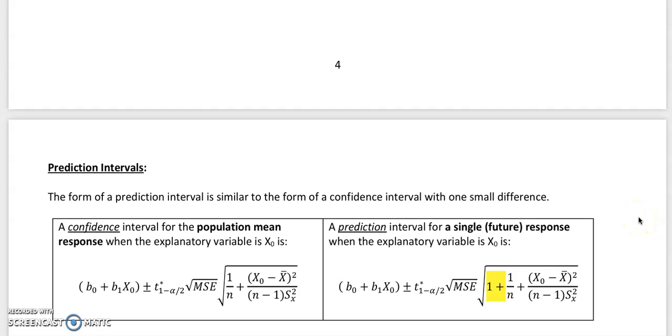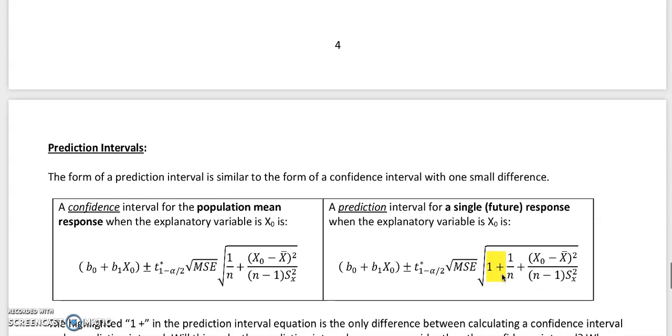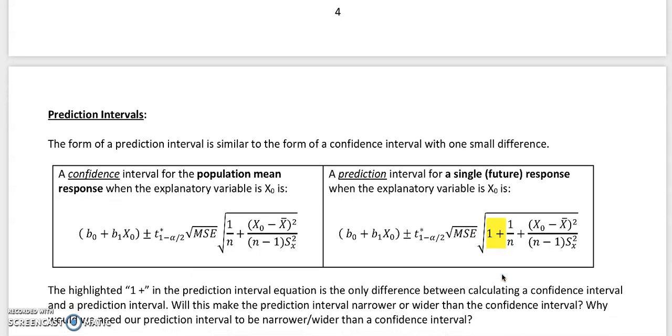And since this is after the plus or minus part, this 1 plus part here is going to make our prediction interval bigger or wider than our confidence interval. And if you think about it, it makes sense that it would have to do that, because it's a lot harder for me to predict how tall a certain person will be than it is for me to predict the average height of everybody.